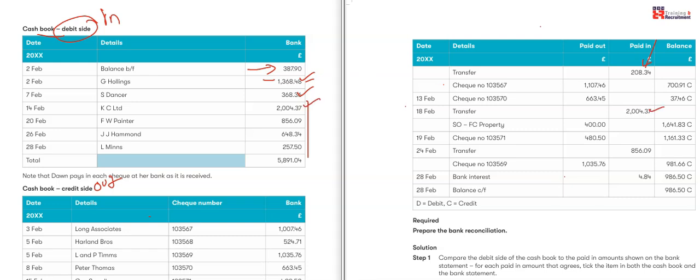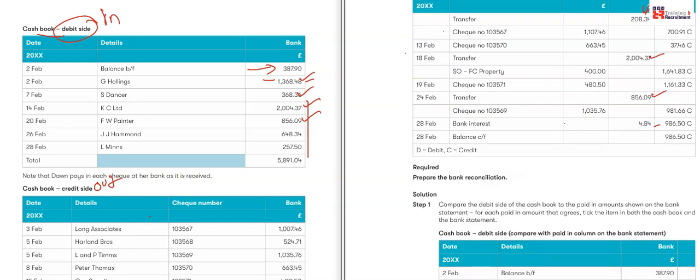Then painter, FW Painter, 856.09 we do have. How about 648.25 and 7.5, Hammond and Means? These are not in the bank statement. How about this one on the bank statement, 4.84? Not in the cash book.